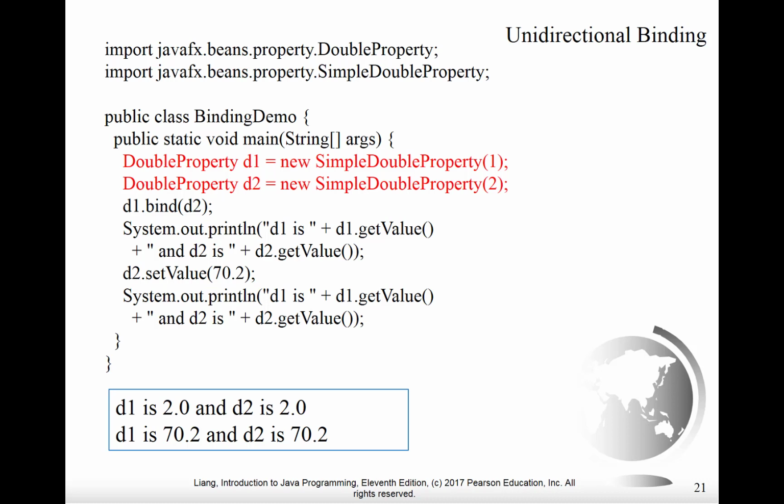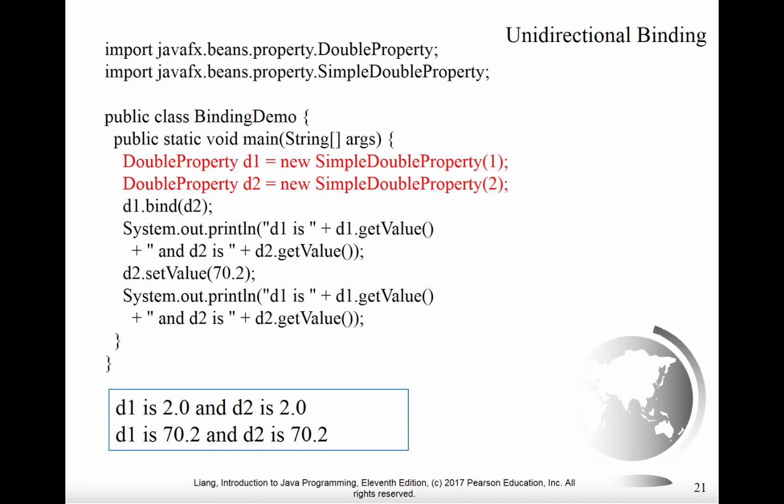Because of that, we're allowed to use the bind method with them. Notice the next line, immediately after the code shown in red, we do a d1.bind(d2). Immediately after doing that bind, we've bound together d1 and d2, so whatever value d2 has will immediately be the same as d1.